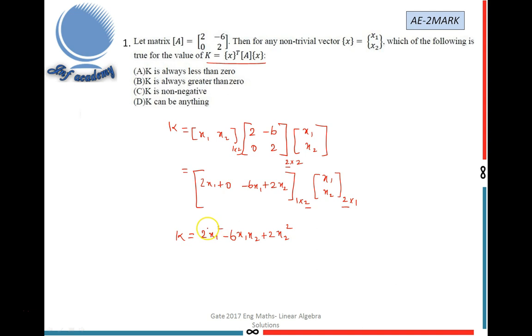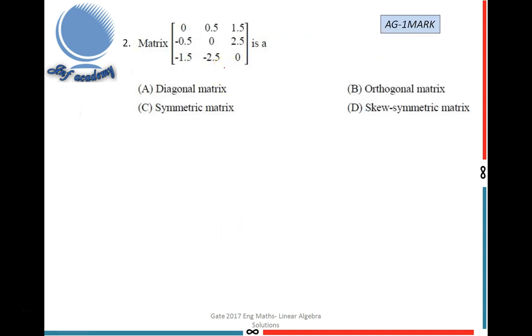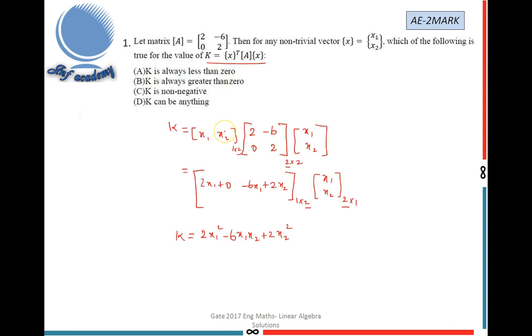So you can't say k is always less than 0, k is always greater than 0, or k is non-negative. So you can say k can be anything is the right answer. So the answer is option D, k can be anything.